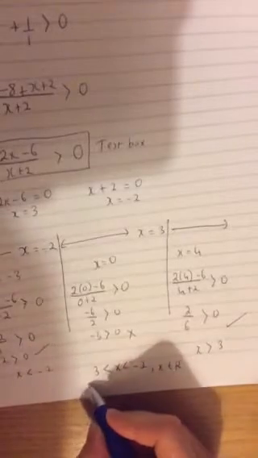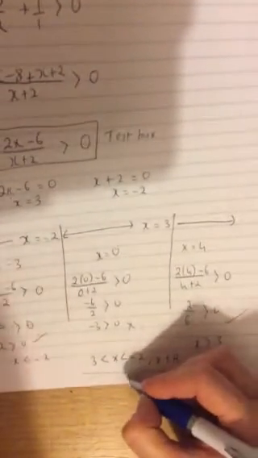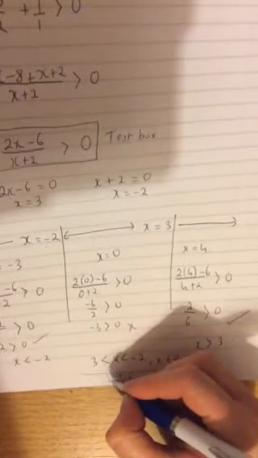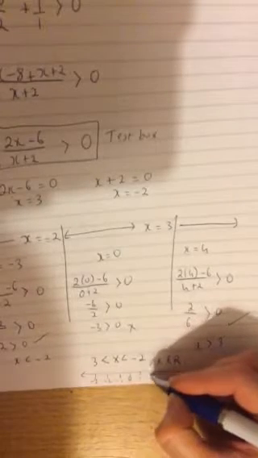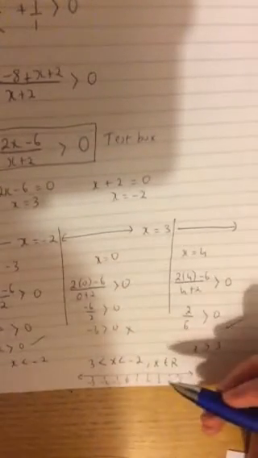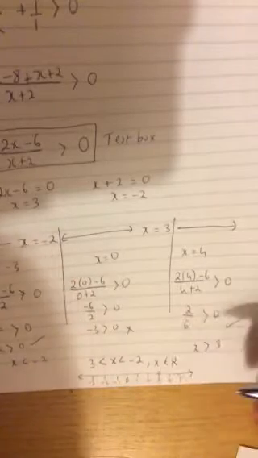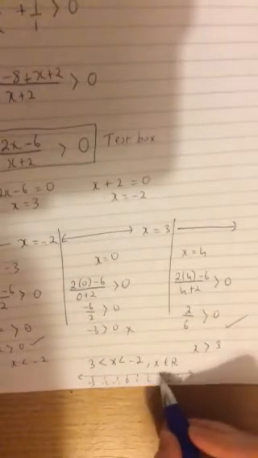Just for argument's sake, if you were asked to plot that on a number line, we'd have 0, -1, -2, -3, and so on, and then 1, 2, 3, 4, 5, and so on. Since x is greater than 3, 3 is not included, so we put an open circle at 3 and shade in everything greater than it.